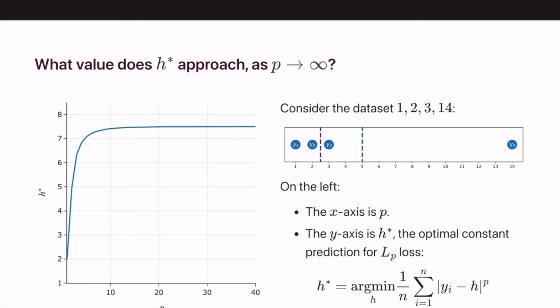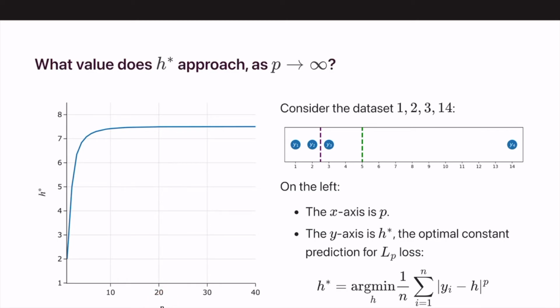And so if we run this through a for loop and keep adding in a different number of p and iterate it one at a time, we can draw this graph over here. On this graph, on the x-axis we have p, and on the y-axis we have this H star, so what the resulting H star would be given some p value.